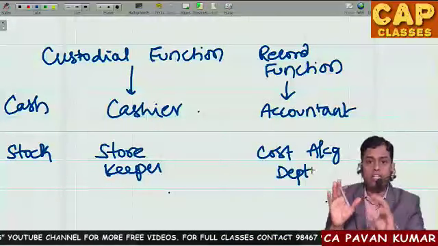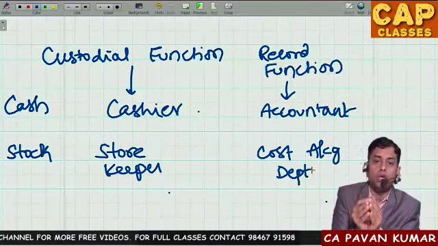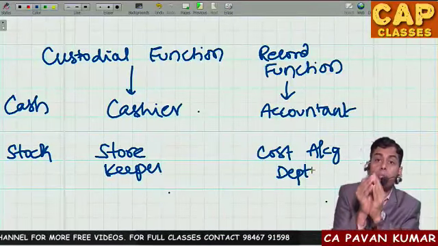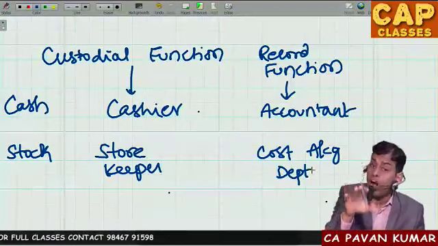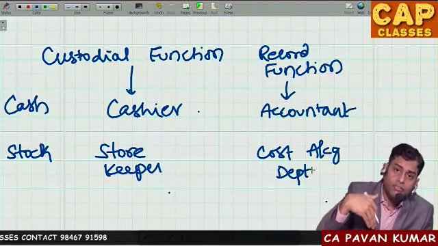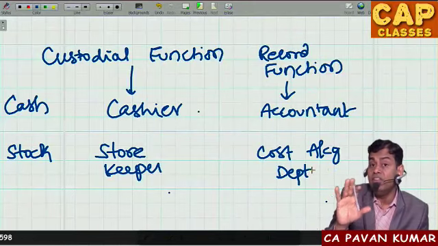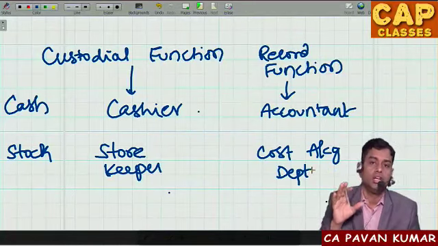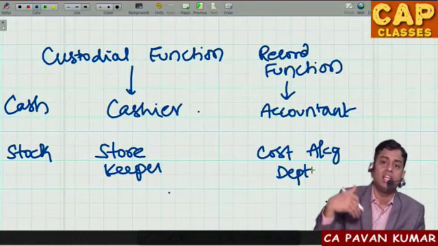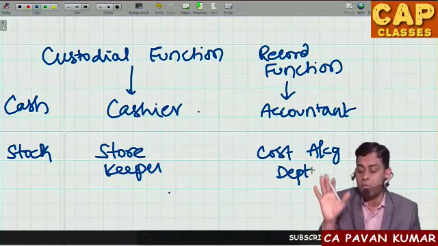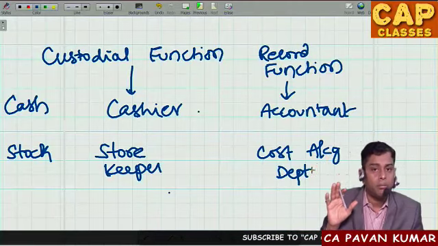So the storekeeper is responsible only to safeguard, to protect stock, to maintain stock and to take care of stock. He will record the quantity of goods received, the quantity of goods given to the production department, but he will not account for stocks. Accounting of stocks, purchases, issues, sales, everything will be done by the accountant or the cost accounting department.